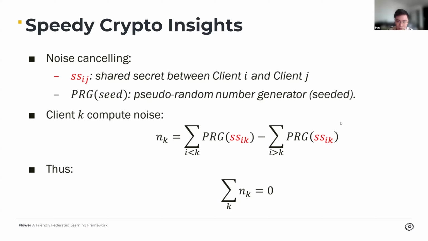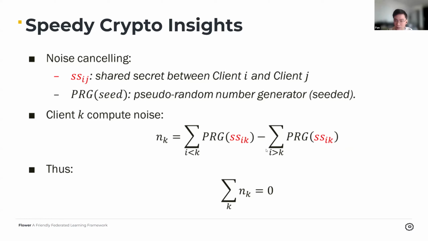If we consider all these pairwise masks together for client K, it will compute the noise like this. First of all, it puts the shared secret between client I and itself into a pseudorandom number generator. If the index I is less than K, then just add it.